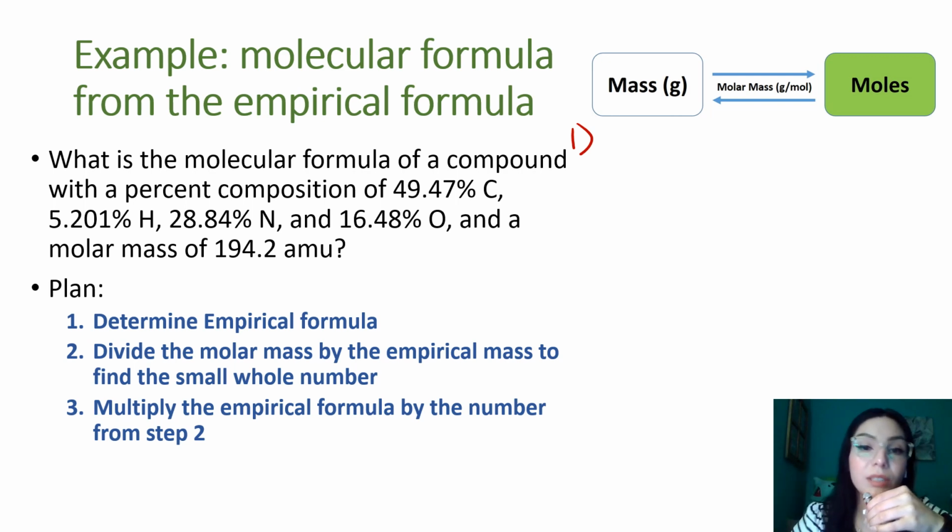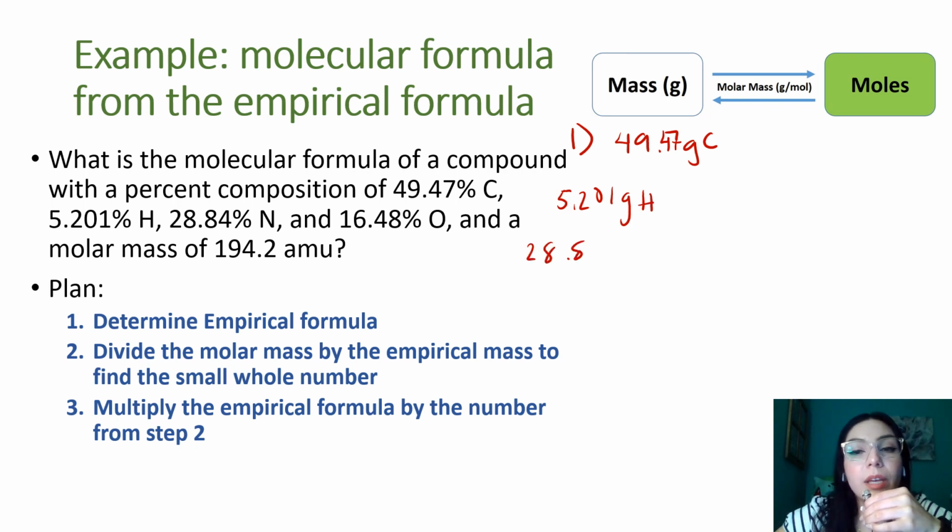In this case, you can see that they gave us all the percentages, so you assume that it's 100 grams. So we're going to assume that we have 49.47 grams carbon, 5.201 grams hydrogen, 28.84 grams nitrogen, and finally 16.48 grams oxygen.